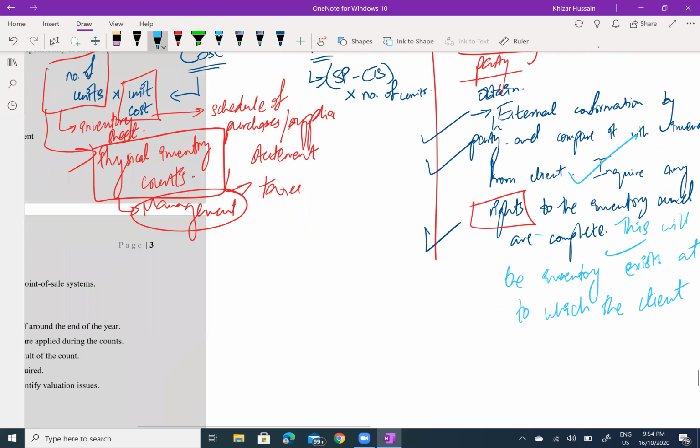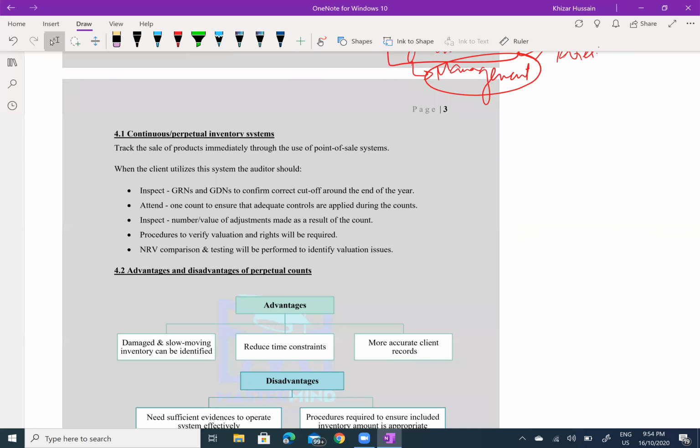Okay. Now, continuous and perpetual inventory systems, you guys know what this is, right? I already told you, I guess in TOCs, internal controls, or probably earlier. Now the point is there are some advantages and disadvantages of perpetual counts.